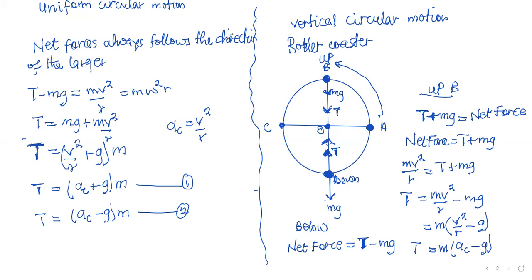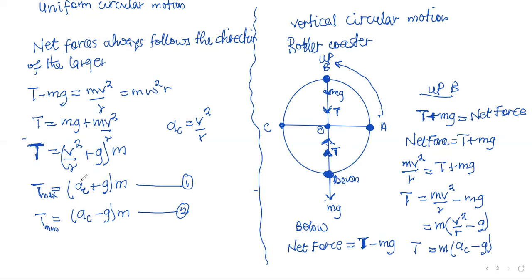Equation 1 would give us the highest tension, so maximum tension. And equation 2 will give us minimum tension within a spring.